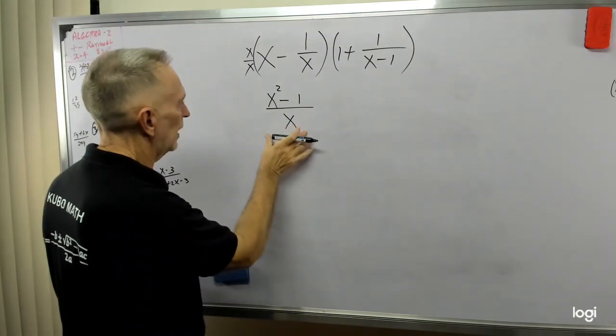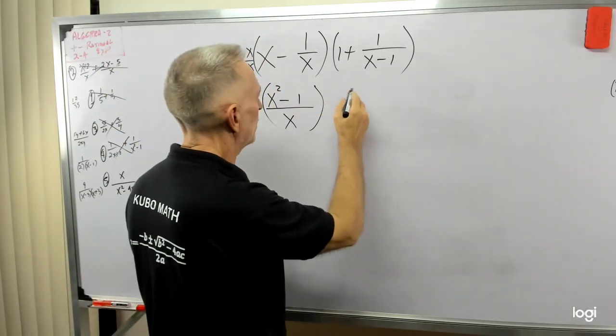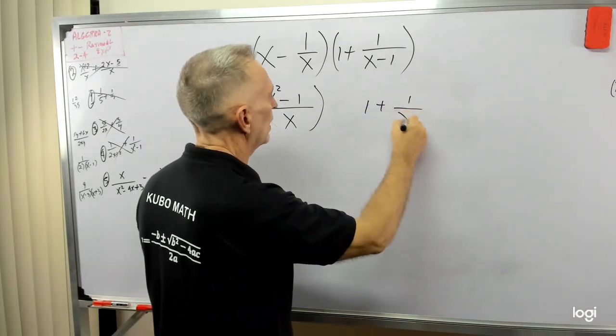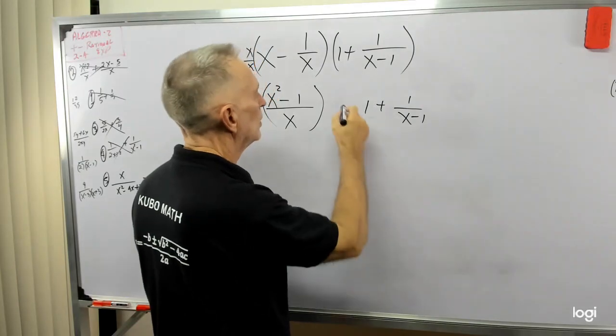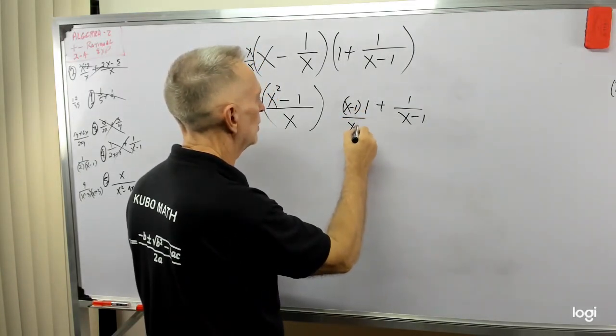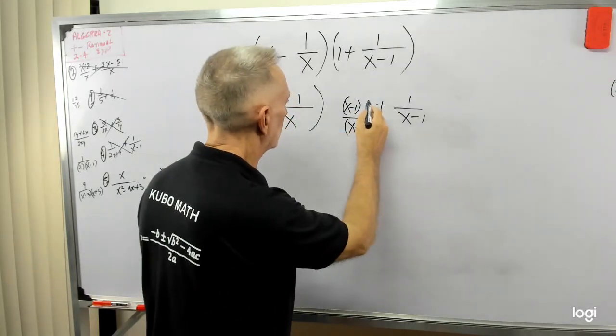So I have this. Now I need to do the same thing here. So I have 1 plus 1 over x minus 1. So I need to multiply this side by x minus 1 over x minus 1. And that's the 1 I had earlier.